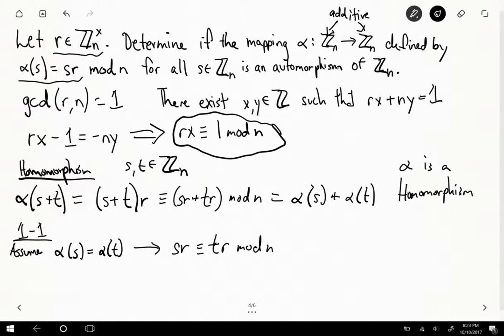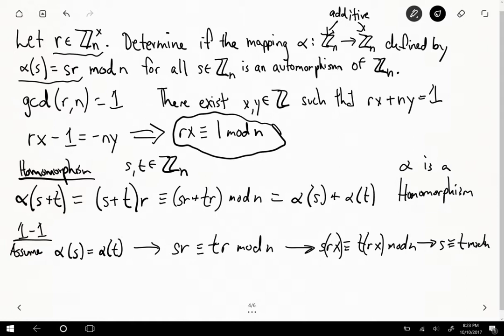So now this implies that srx is equivalent to trx mod n. And I'll move parentheses in there. Now, what does that mean? Well, rx is 1, so you have s times 1 and t times 1, so you get s is congruent to t mod n, meaning they're the same value.